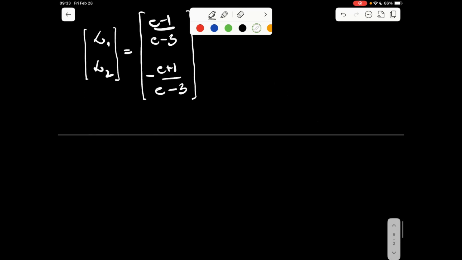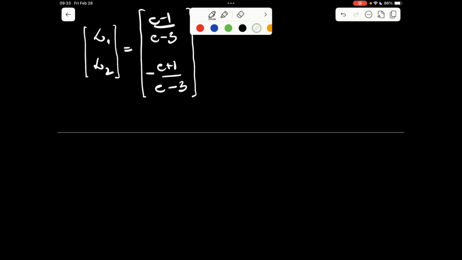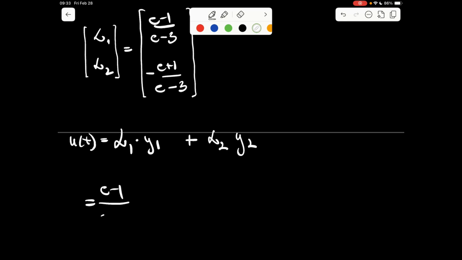So we have the parameters, and now we are very close to the solution, because ut is a linear combination of this form, right? And by expanding it, we will have e minus 1 over e minus 3 times e t minus 1.